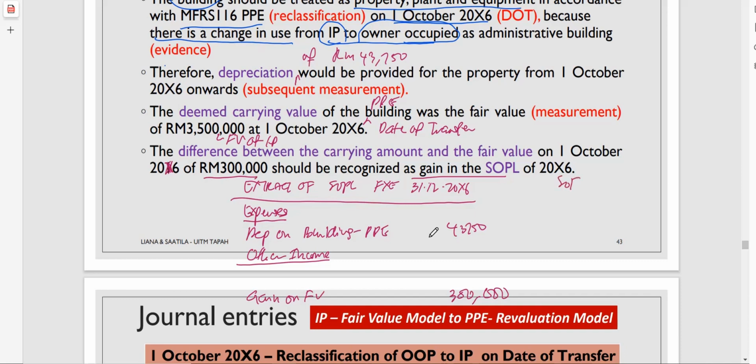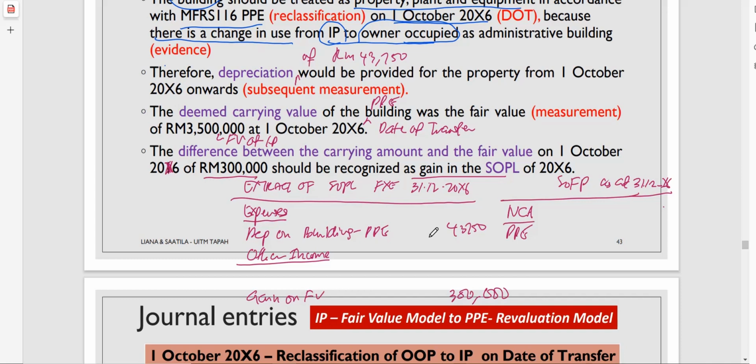In the statement of financial position, the extract of SOFP as at the same date, 31st of December X6, you would see that there would be a non-current asset. For 31st of December 20X6, there is no more IP, but just the PPE. So let's just put the PPE. Since it is using the revaluation model, you still provide depreciation.